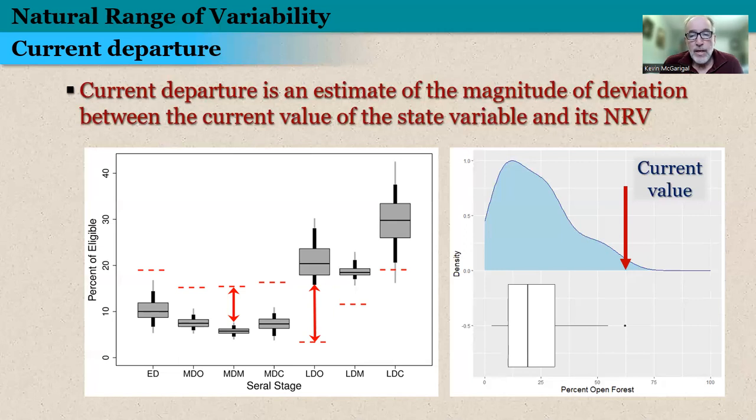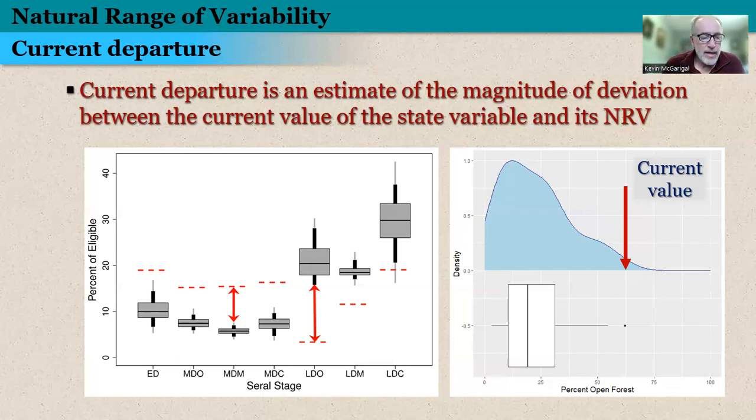And recall that the natural range of variability can be estimated using a variety of different approaches. So as a couple of examples, in the left figure showing the box and whisker plots, we have the percent of the landscape in each of several stages. The NRV, regardless of how it's derived, is depicted by the box and whisker plots, and the current value of the landscape is given by the red dashed horizontal line.